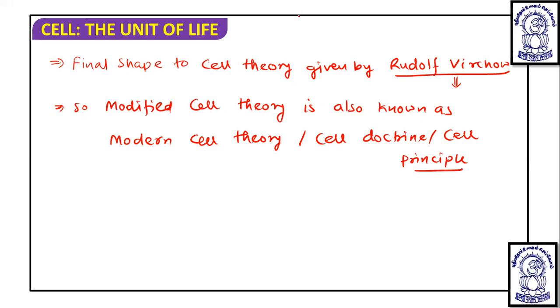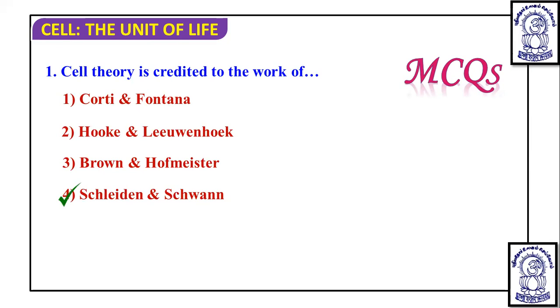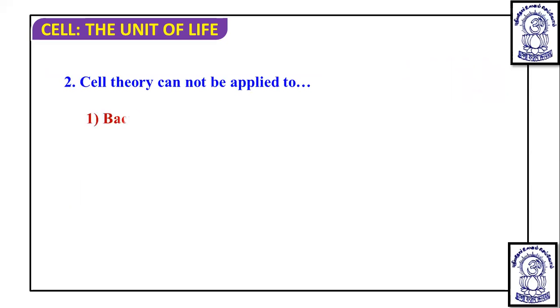Okay, that is ultimately concluded. So the cell theory was credited to the work of Schleiden and Schwann, who formulated the cell theory. Cell theory cannot be applied to... yes, remember this is one of the important points.